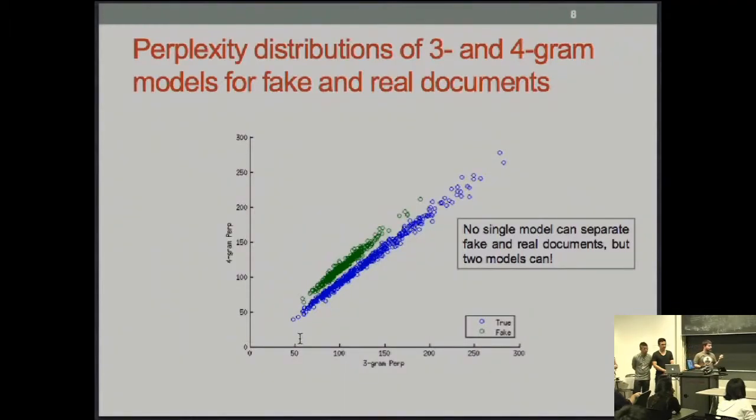If the lexicon is hard, with a lot of rare words, then perplexity will be high with respect to all models. And you cannot use only a 4-gram or 5-gram model to distinguish between data points. But if you combine them, you can separate them perfectly.